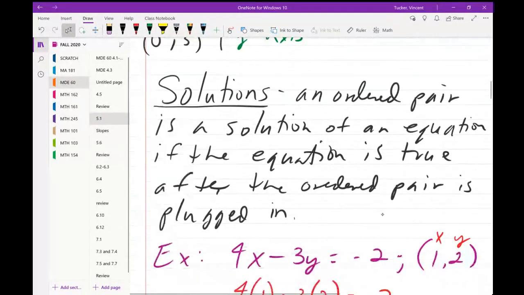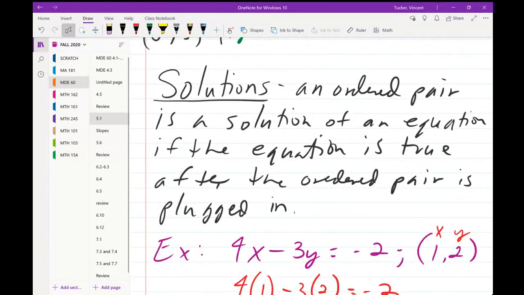All right. So solutions for these equations: an ordered pair is a solution of an equation if the equation is true after the ordered pair is plugged in or substituted in.